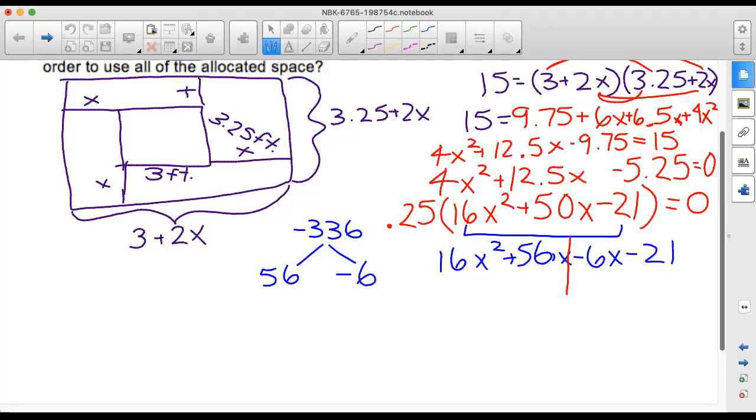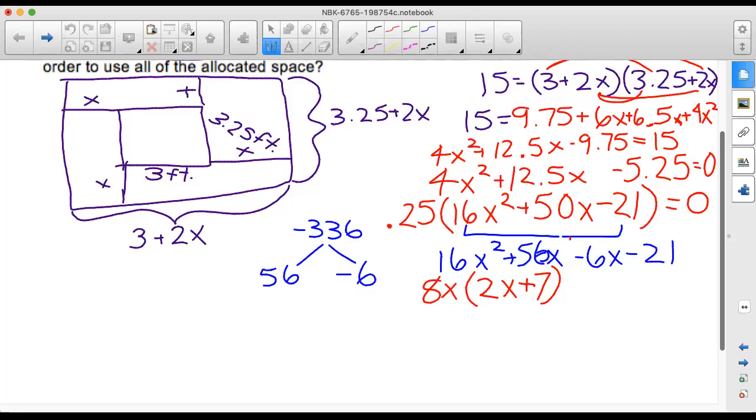Malachi, what do you take out of the first two terms? What's common there? 8. Is that it? This 56 also has an x. Yeah, x. So when we take that out, we will get 2x plus 7.